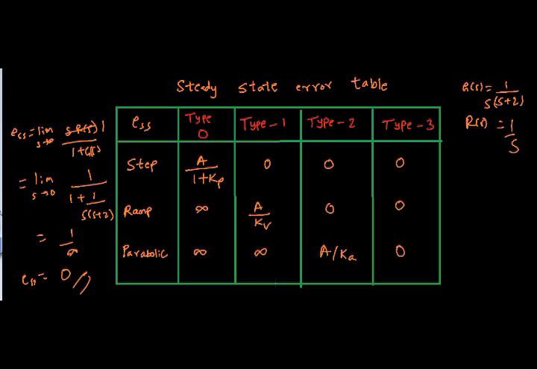So students who are writing GATE ECE 2018, this is a very important table. There will be a lot of questions, first of all from control systems theory, and mainly the questions will be based on steady state error, calculation of steady state error involving step, and they'll ask what is the steady state error for a type 2 control system for ramp or parabolic, etc. So this table is very important, so you can memorize this.